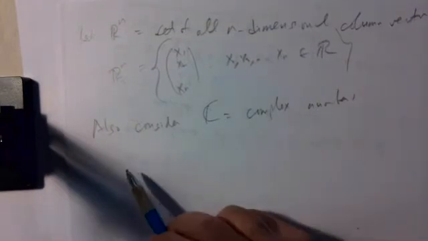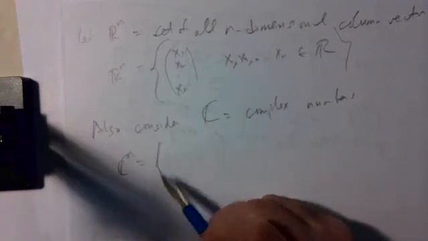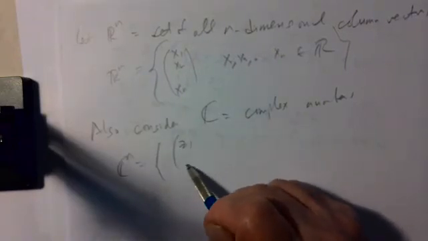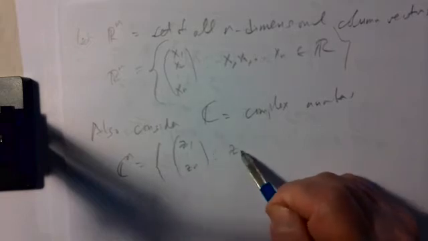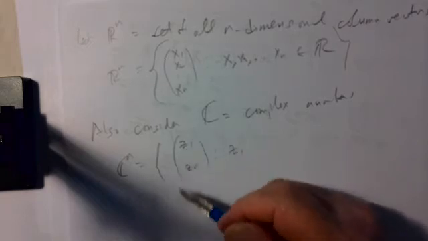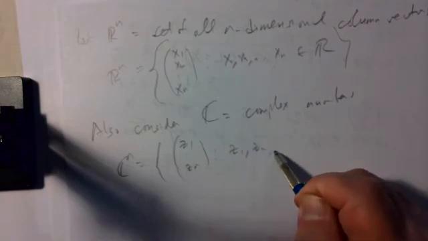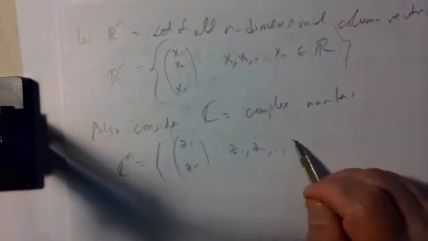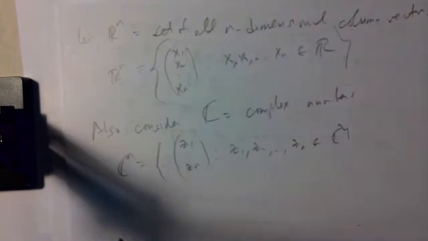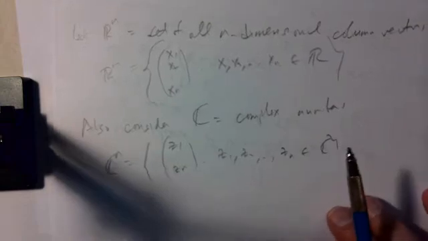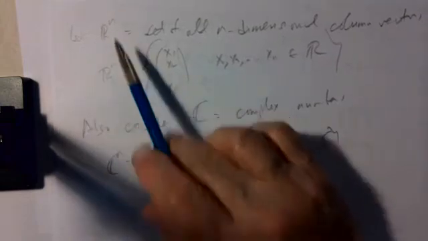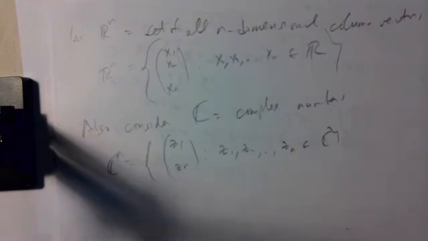And you can also consider Cn, which is all n-dimensional vectors where these numbers, which are called the coordinates, are complex numbers. And in linear algebra, from the very beginning, you have to consider real numbers and complex numbers both. At this point, there's no difference really. So I'm going to state everything in terms of real numbers, but it also applies to complex numbers.